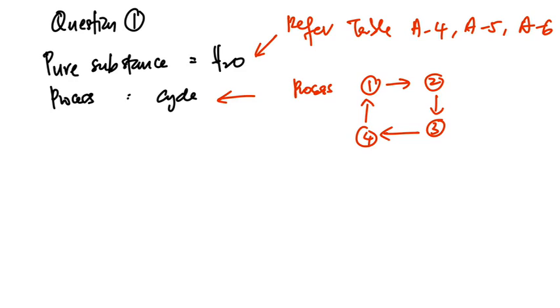For example, if the phase is superheated vapor, then you need to refer to table A11, if I'm not mistaken. The process is a cycle, meaning process 1 to 2, 2 to 3, 3 to 4, and then back to its original state.